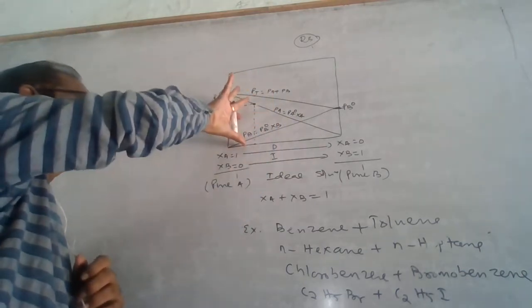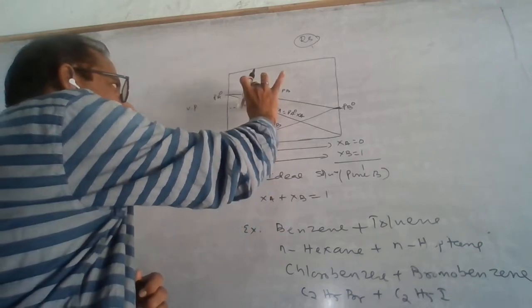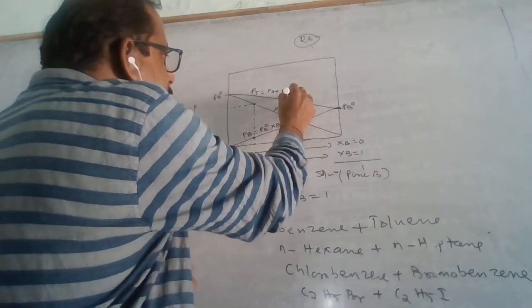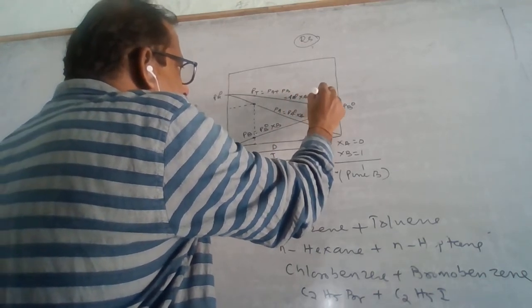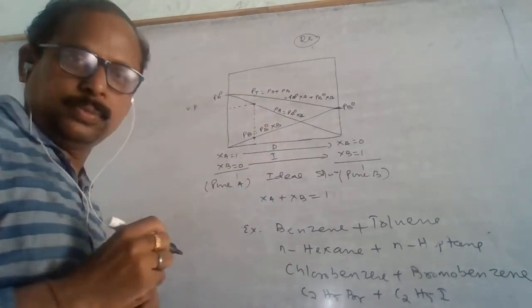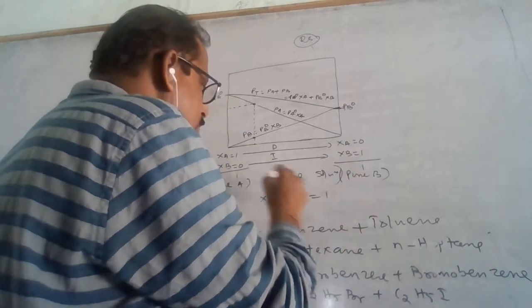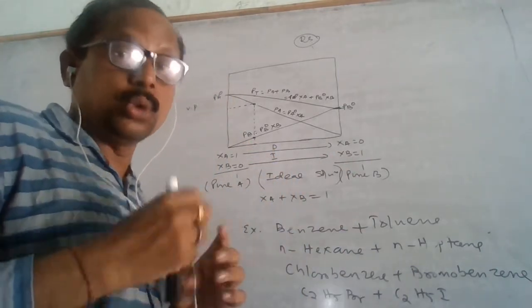Up to this is PA, and this is PB. If we add them, that becomes PT, because PT is equal to PA plus PB, or PA0 XA plus PB0 XB. So this is the graph for the ideal solution that obeys Raoult's law.